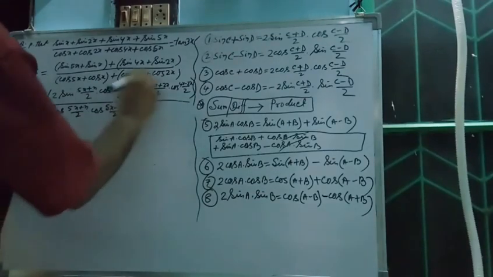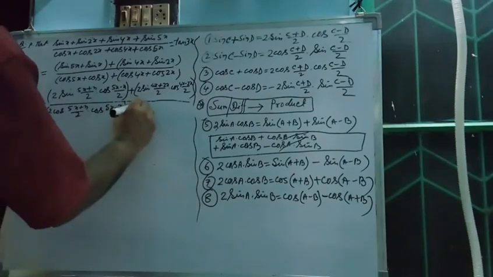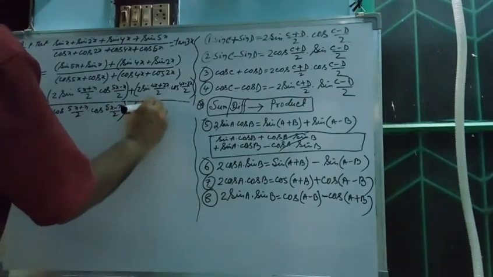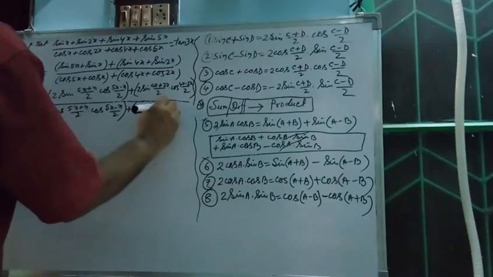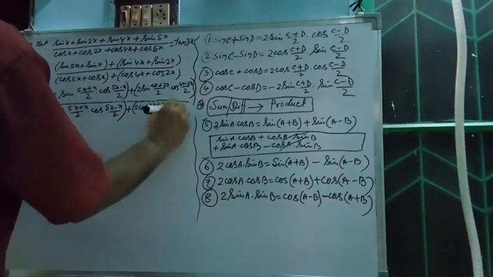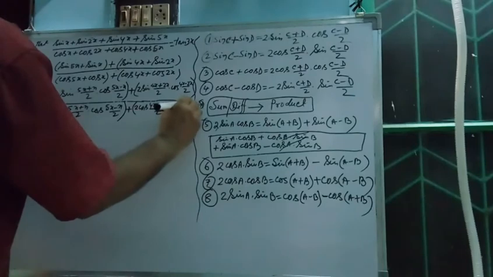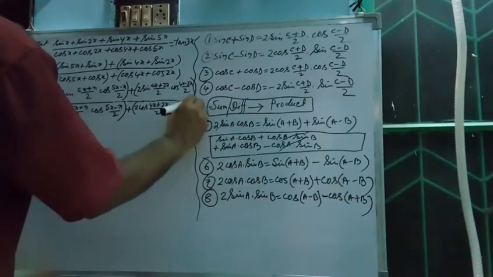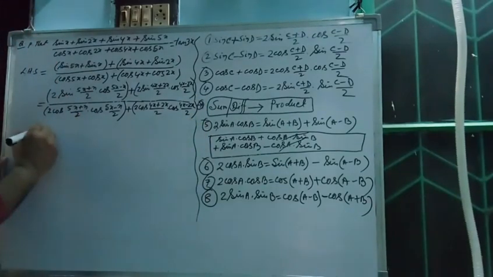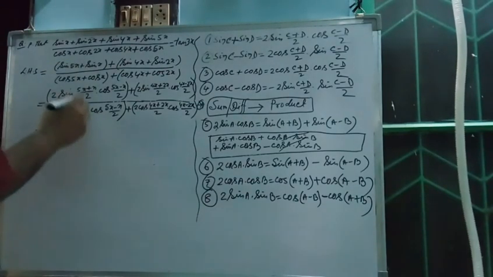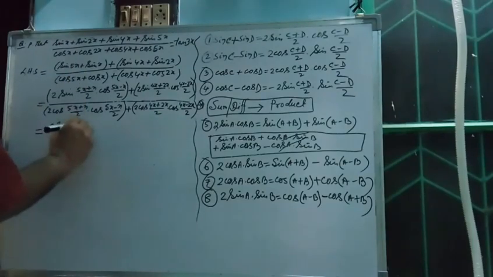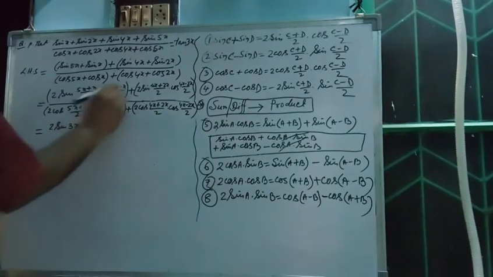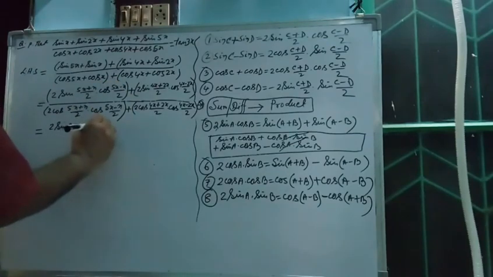Similarly, we will break this also, 2 cos (4x plus 2x)/2 into cos (4x minus 2x)/2. Simplify that. We get 2 sin 3x cos (5x minus x)/2, that is 4x/2, that is equal to cos 2x.